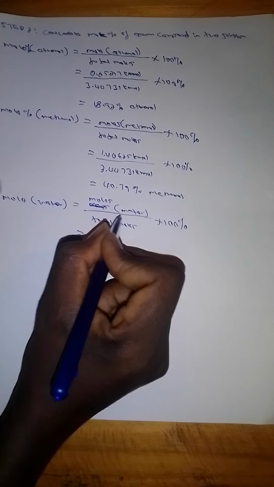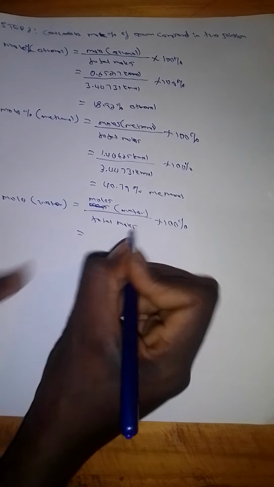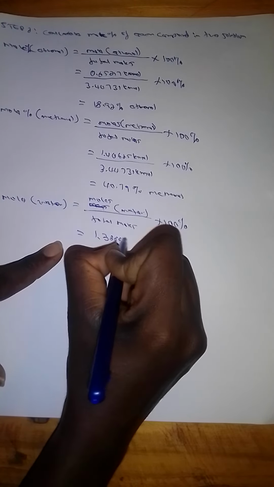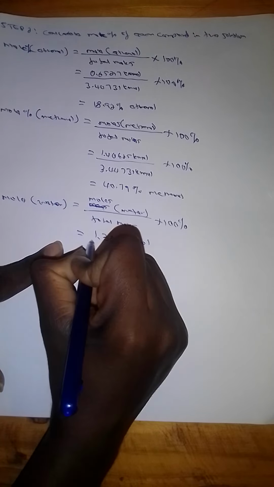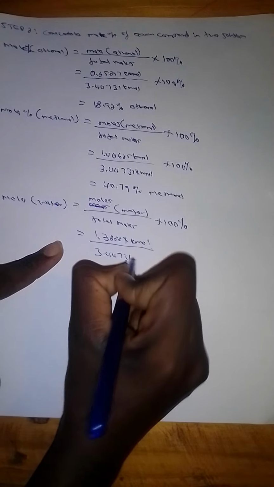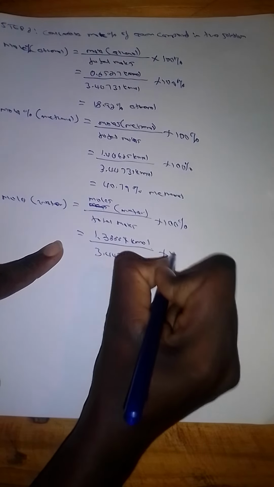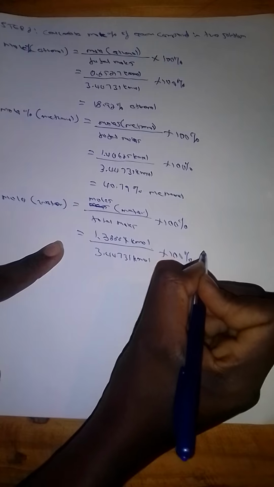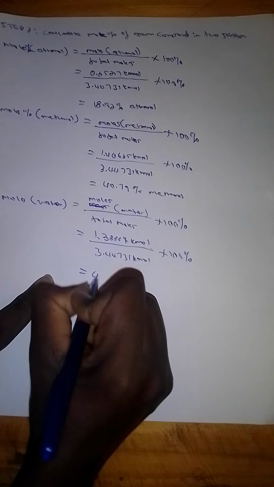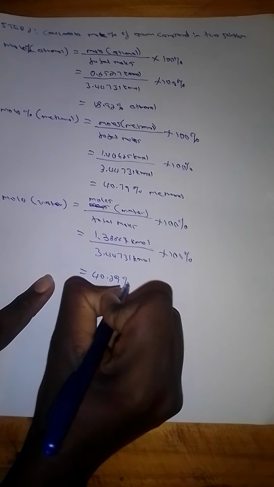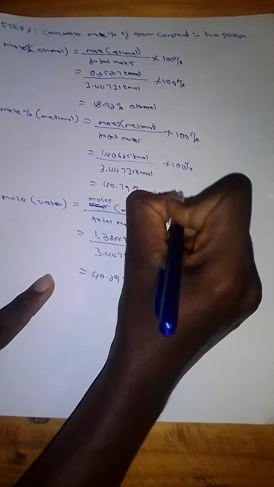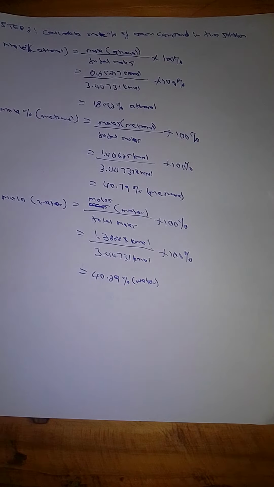That becomes the moles of water, which we calculated to be 1.38889 kilomole, all over total mole, which is 3.44731 kilomole, multiplied by 100%. Now if you use your calculator, you get water to be 40.29%. Let me just say 40.29% water.